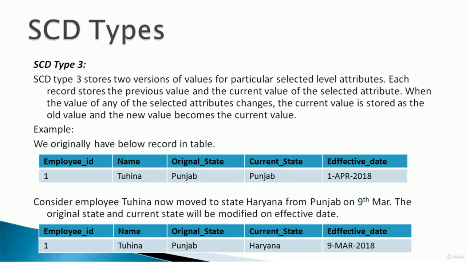So for employee ID 1, name Tuhina, original state is Punjab now and the current state is Haryana, and the effective date when the state changed from Punjab to Haryana would be updated, that is 9th March 2018. So this is the third type of handling the slowly changing dimension, wherein we only maintain the latest history.